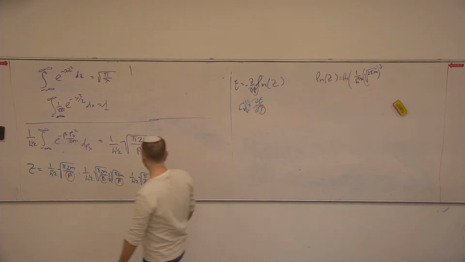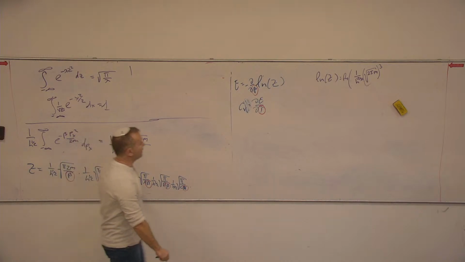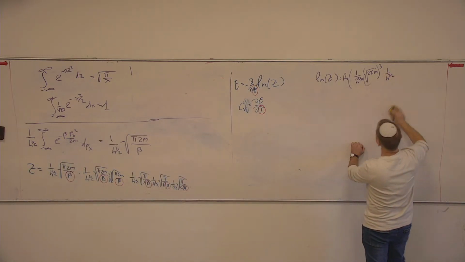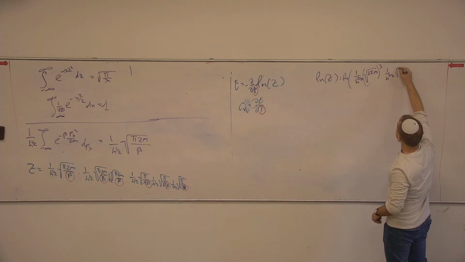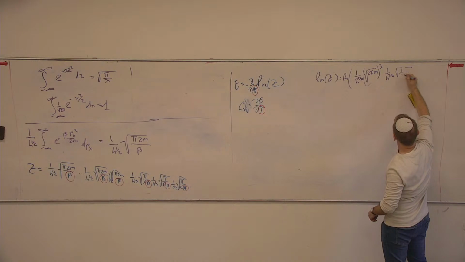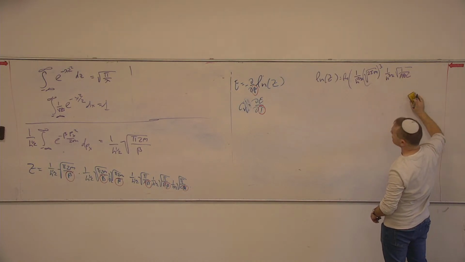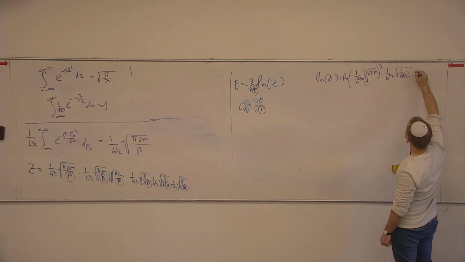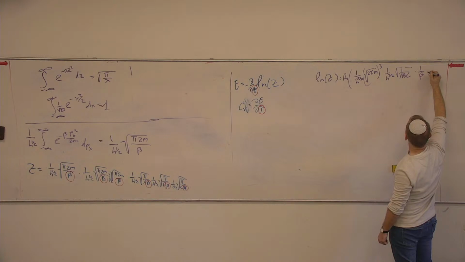And also I have 1 over h to the power 3/2 of a square root of what? 1 over a, b, c, and multiplied by 1 over beta to the third.